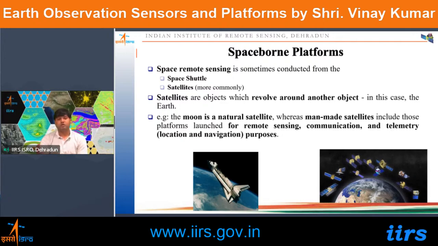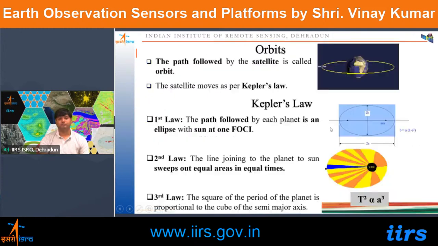So he gave the name in his language as satellite. It is something like a guardian of that particular object. So the moon is a natural satellite in the case of Earth, whereas man-made satellites include those platforms launched for remote sensing, communication and telemetry purposes.